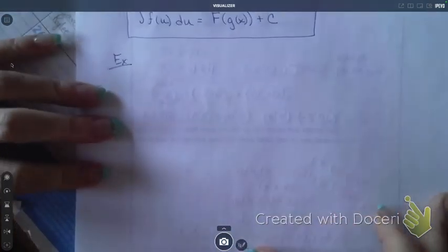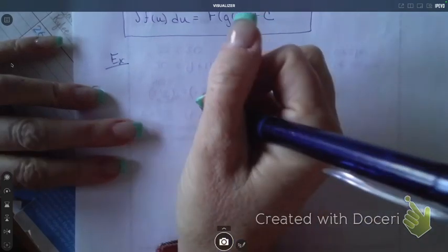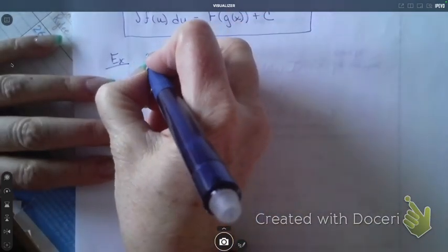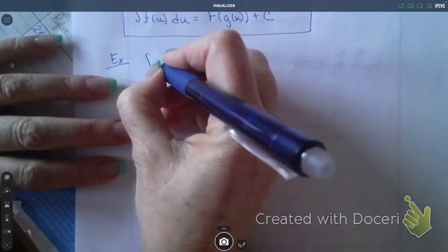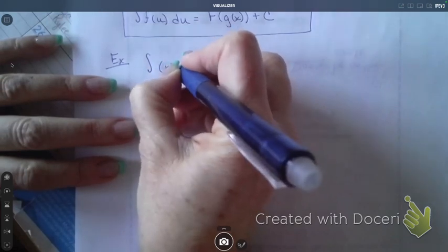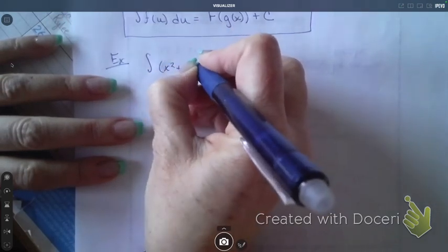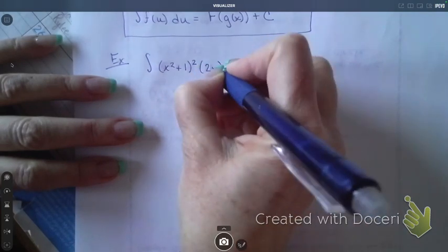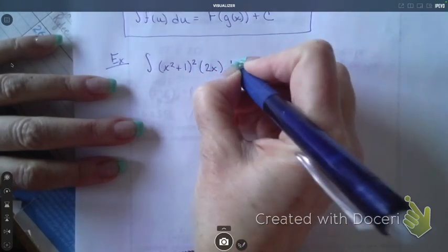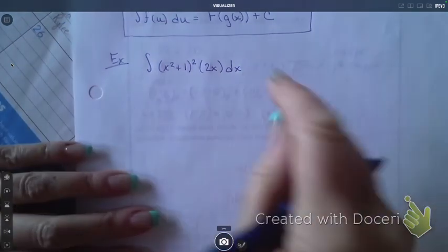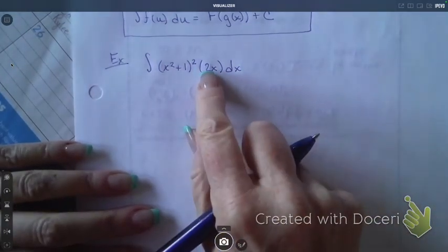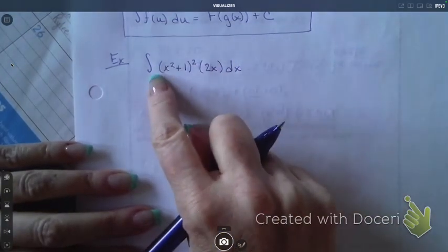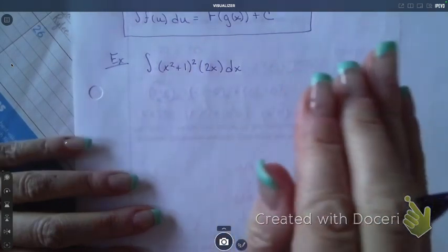So now we just have a bunch of examples to train our brain. So I have the integral of (x squared plus 1) squared times 2x dx. Now, if we took the derivative, this 2x we wouldn't put in the back, we'd put it in the front, yes? Okay, but they just have it like this.